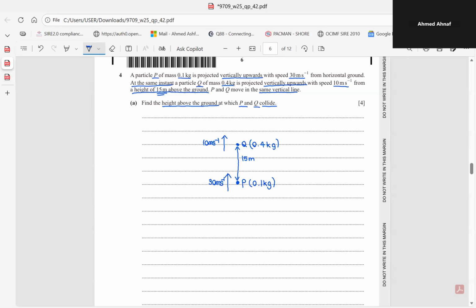So we need to find the height above the ground at which they will collide. So we need to find the first common height that they reach. We're given their initial speeds and the distance.